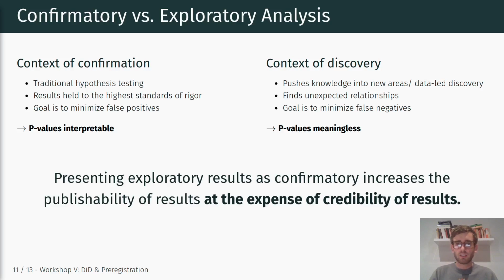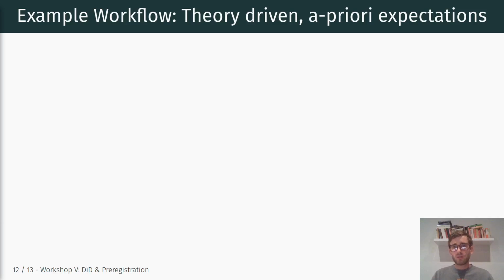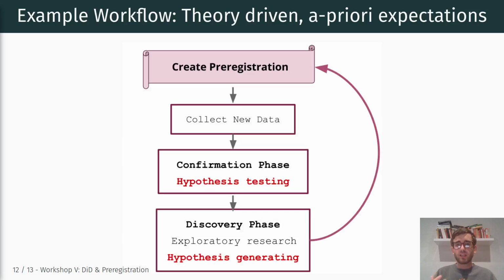Okay. So, to summarize, what does the ideal research workflow look like? Of course, ideally we start with theory-driven a priori expectations. We then write a pre-registration. We register the design, the hypotheses, the specific statistical tests, the measurements, and so on. And then we actually collect data.